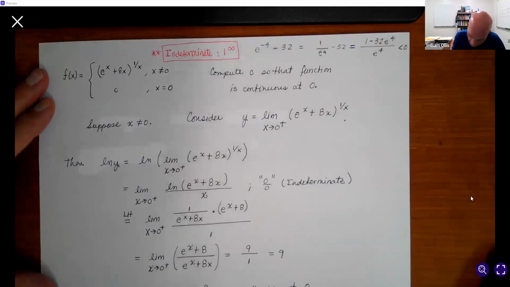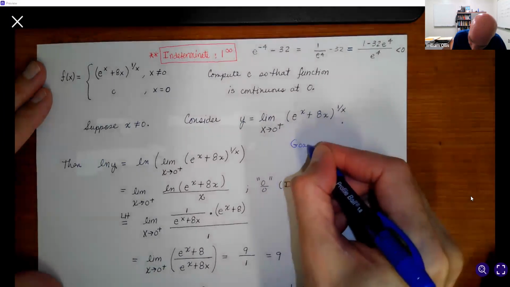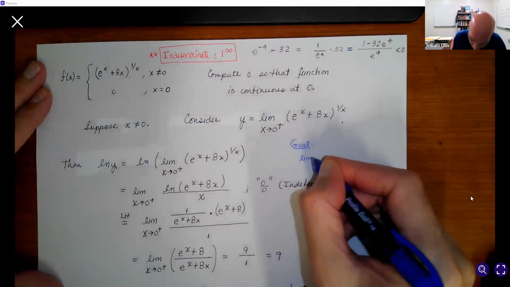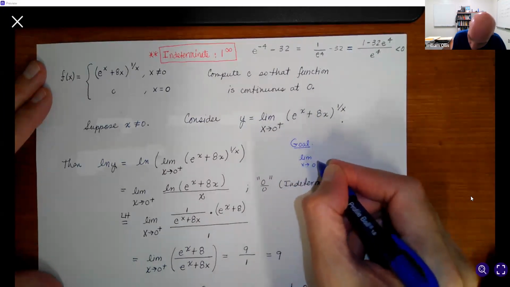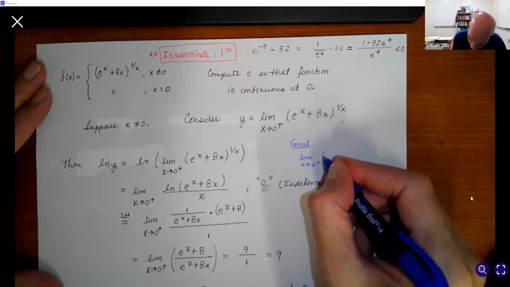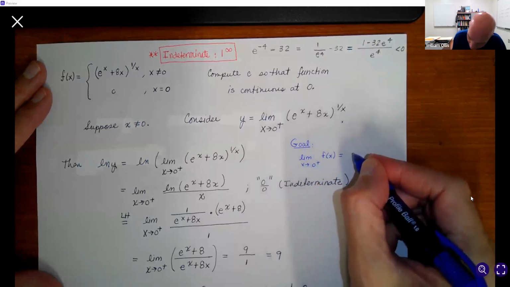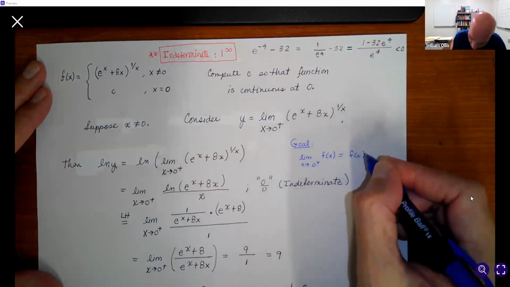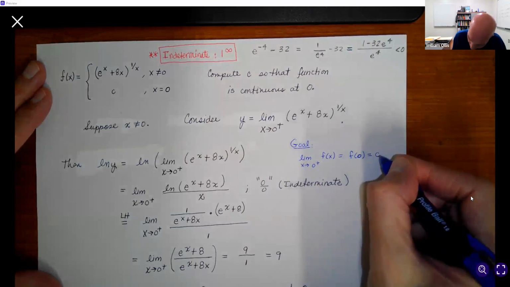I'll use the blue. So the goal would be the limit as x approaches 0 from the right of f of x would just need to be c. That is f of 0, which is c.